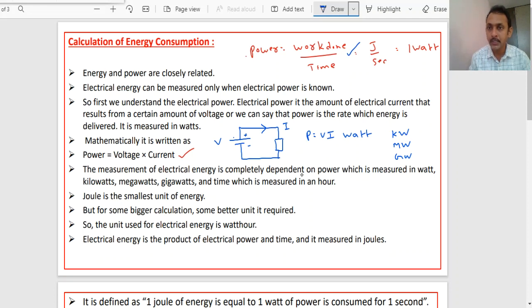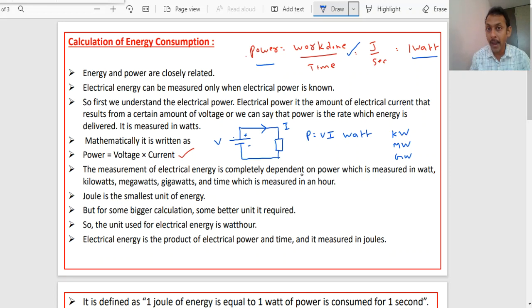So joules per second, we have a unit called watt. So the power is expressed in watts. 1 joule per 1 second is treated as 1 watt. So the power units are watts and the energy units are joules.